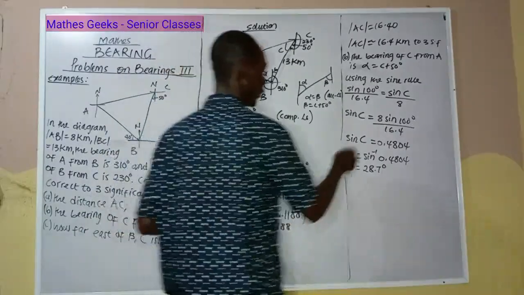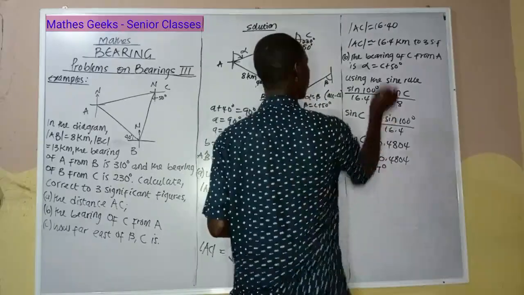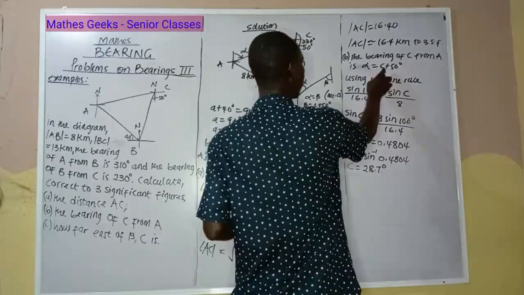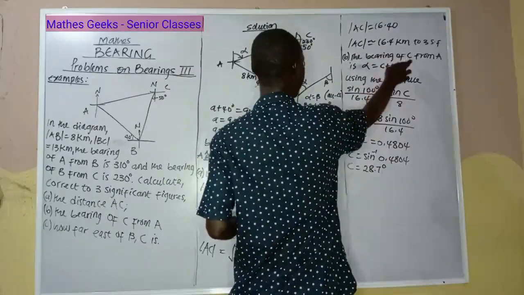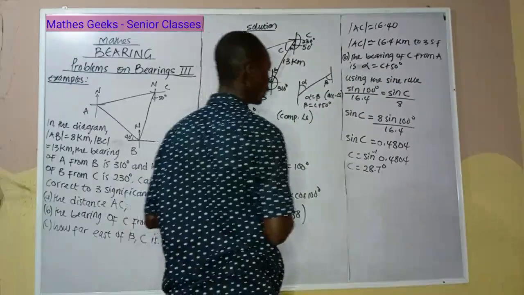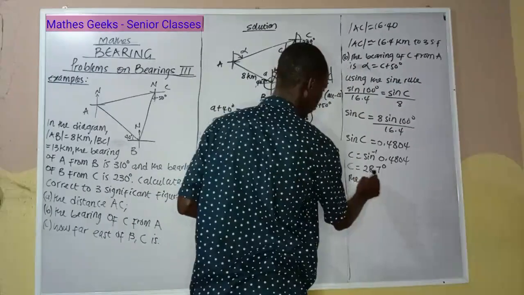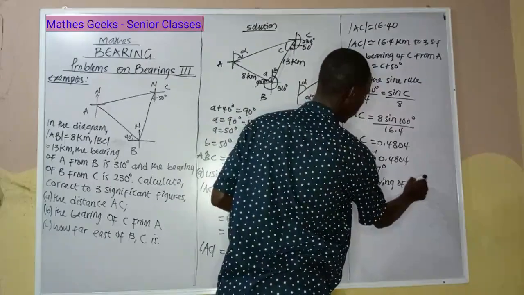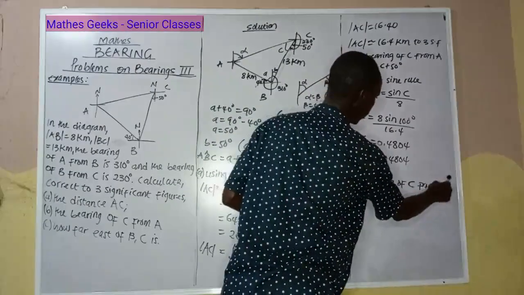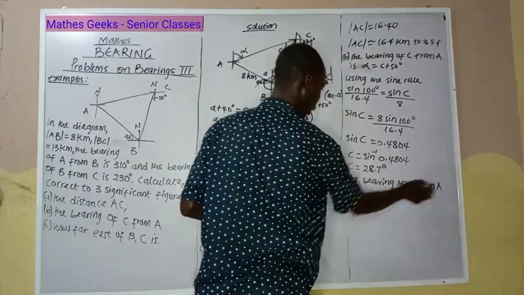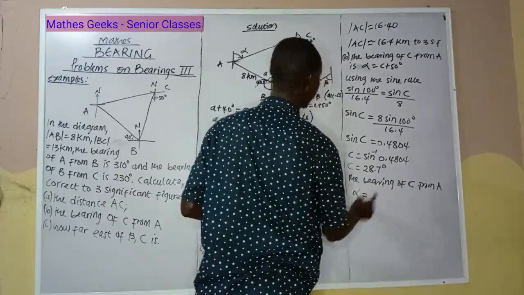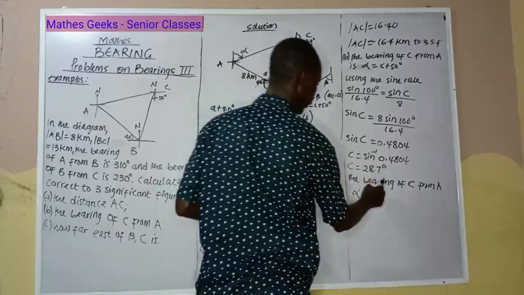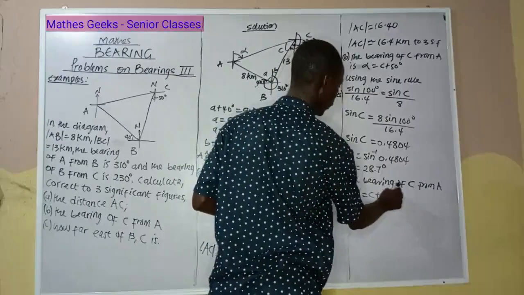Remember that we have to look for the value of C, because C is needed for us to be able to get the bearing of C from A. So the bearing of C from A, which is alpha, is equal to C plus 50 degrees.